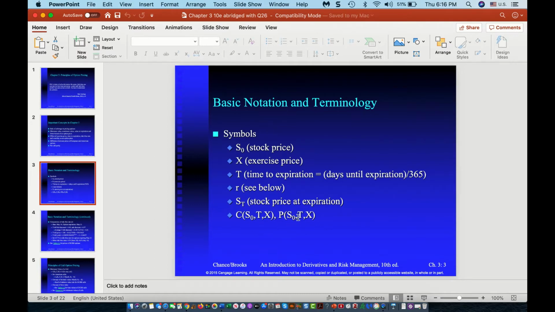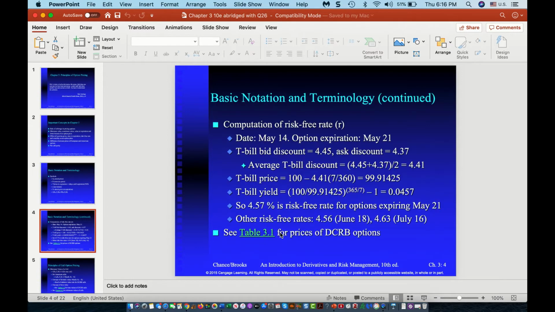And these are the symbols that you have to be familiar with, and you can see call and put options depend on the same set of variables. And then a computation of the risk-free rate is done when you are given the T-bill bid discount rate. So bid rate is higher than ask rate, but bid price is lower than ask price.